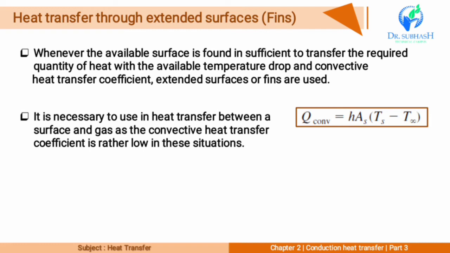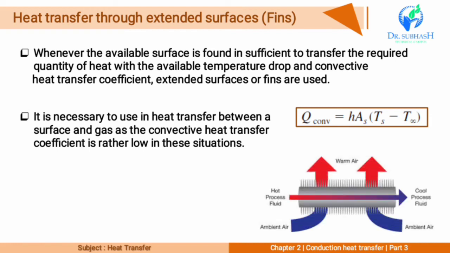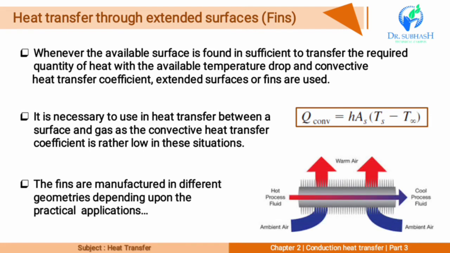Fin surfaces are manufactured by extruding, welding, or wrapping a thin metal sheet on a surface. In many engineering applications, large quantities of heat have to be dissipated from small areas. The fins increase the effective area of the surface, thereby increasing the heat transfer by convection.